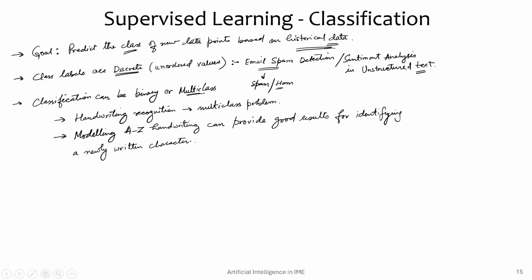But we have developed a system for identifying handwriting for A to Z characters, right? If we apply this model to identify numbers, then it will fail.